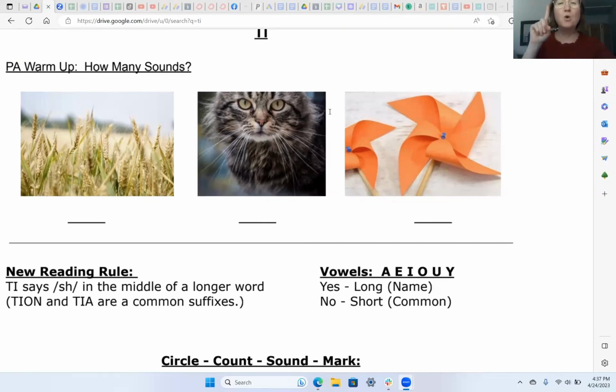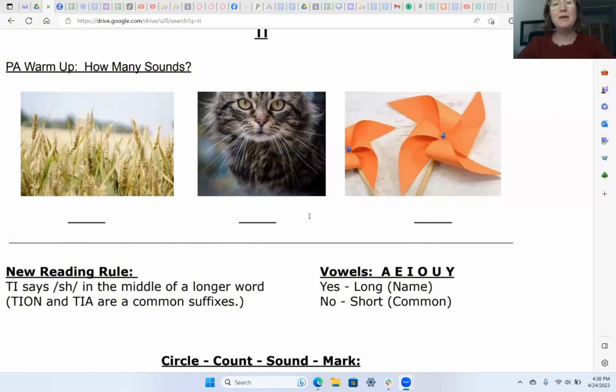Let's count them. Whisker has, see, I just said whisker instead of whisker. It's common. Whisker has 5 sounds. ER at the end, that's a grapheme that says er. Whisker has 5 sounds.